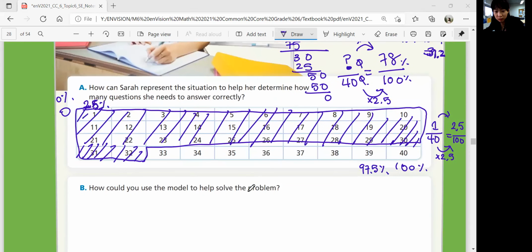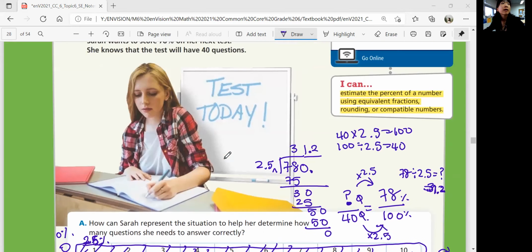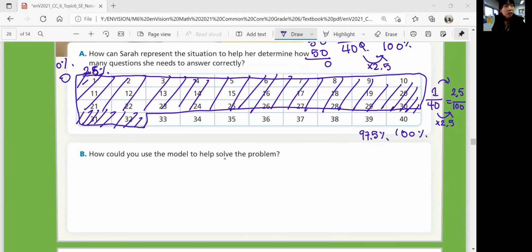So what did we do? What did we do? 78% is her goal, right? So 78% of 40. 78% in fraction would be 78 out of 100.